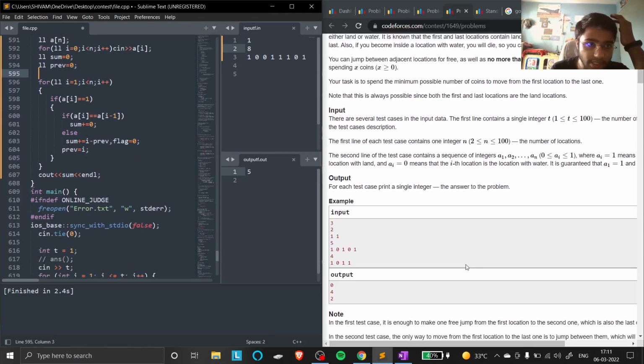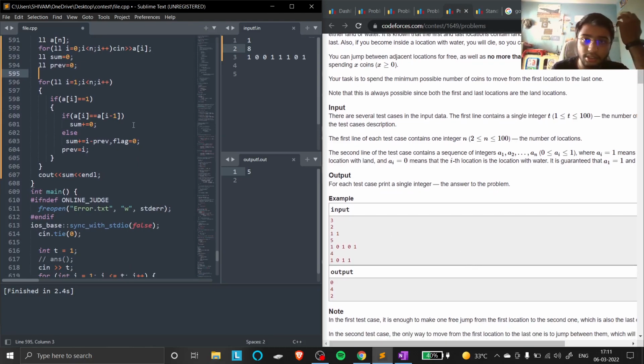As we know that the first location is always 1, I started from the first index with prev equal to 0. I checked for every index: if it's land, then I check whether the element at I minus 1 is also 1.